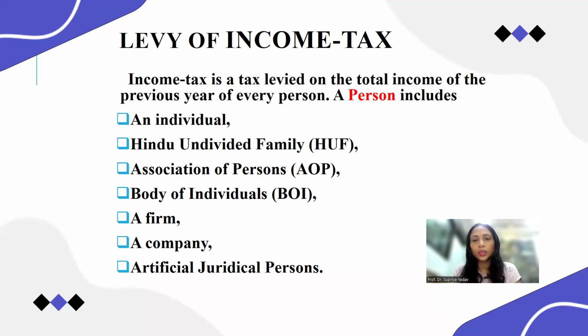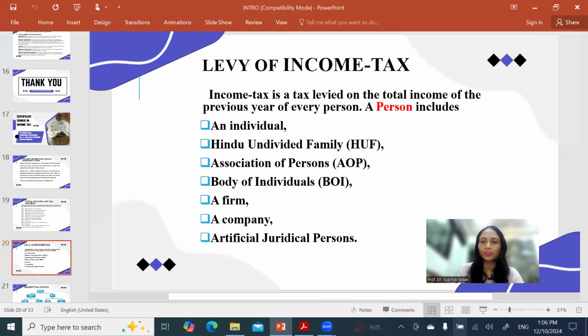For example, local bodies, universities, municipal corporations, all these are artificial judicial persons. Okay, now you understand what the person definition includes. The person definition includes individual, HUF, association of persons, body of individuals, firm, company, and artificial judicial person. So these seven are included in the definition of person.